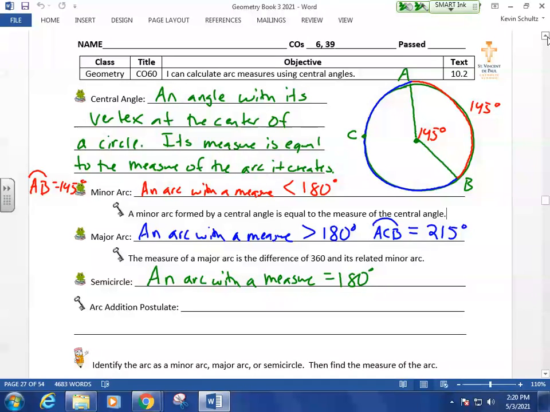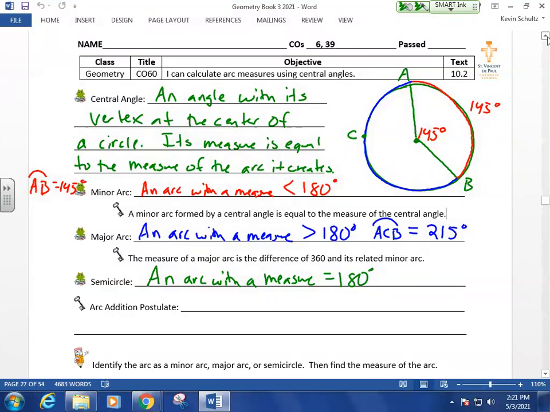And so what must be present for a semicircle to exist? You can't have a semicircle without this specific thing, the diameter. Okay? The diameter is what separates a circle in 2 halves. That's what gets you the 180 degree arc measure.